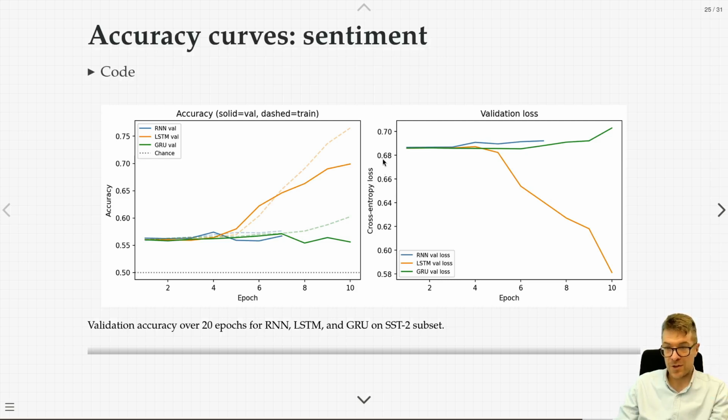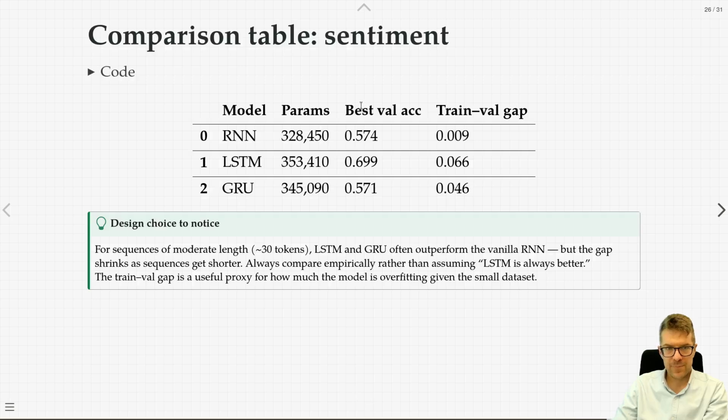The main message of the story here is that indeed, over these relatively long periods of time, with only about 30 word tokens, gated RNNs, in this case LSTMs, ended up performing better than the vanilla baseline on this real-world data set. So LSTMs get about 70% validation accuracy.